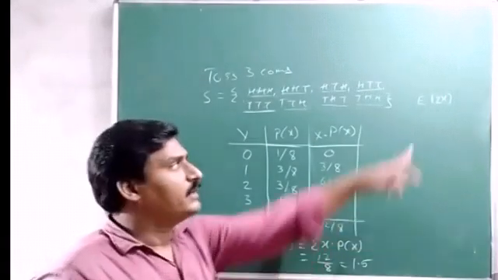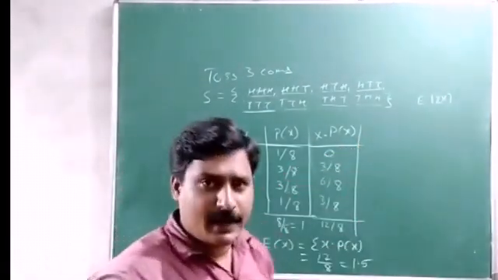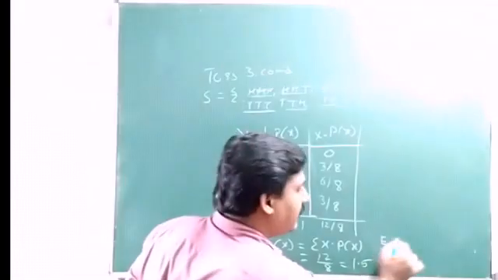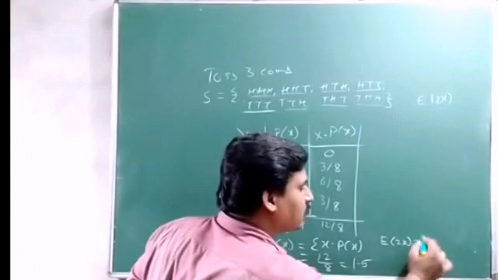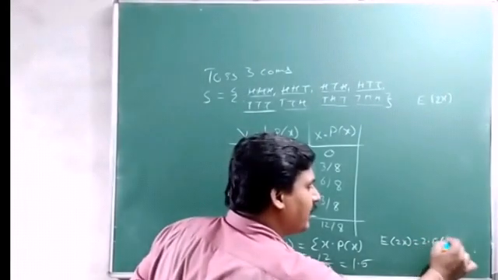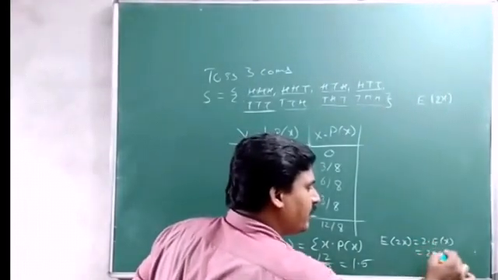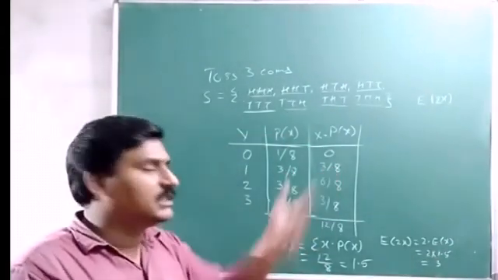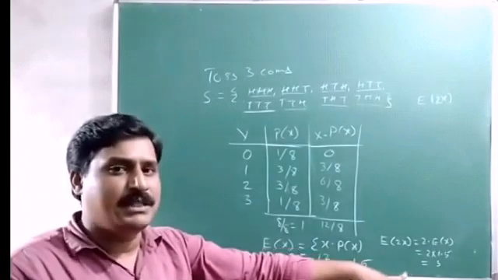Just we take a as 2 here. So E of 2x is equal to 2 into E of x. That is 2 into 1.5, which is equal to 3. Let us check with this distribution whether we get the same result or not.